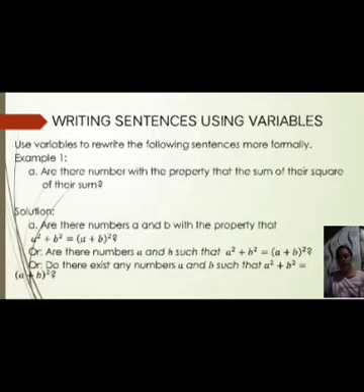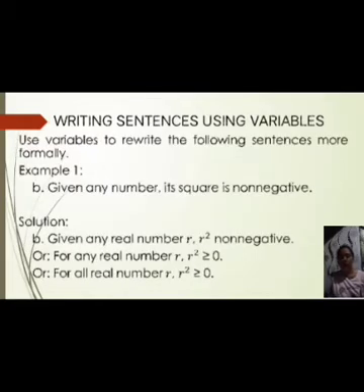Another example: given any number, its square is nonnegative. So, the solution for that situation is: for any real number R, R squared is greater than or equal to 0. And lastly, for all real numbers R, R squared is greater than or equal to 0.